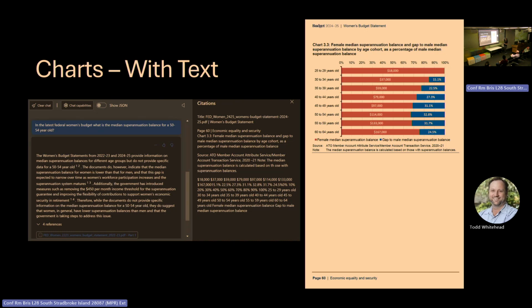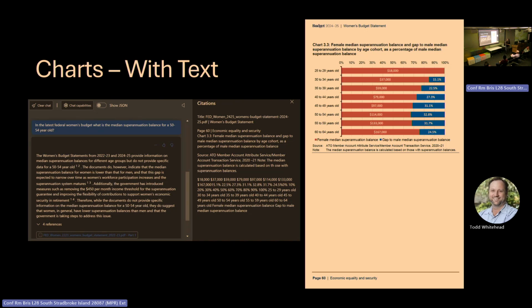So this is the women's budget for 2024-25. I picked out this page because it had a nice chart with text, and I decided to ask it some questions. I asked it, in the latest federal women's budget, what's the median superannuation balance for a 50 to 54-year-old?